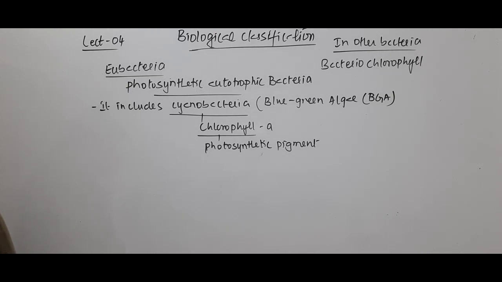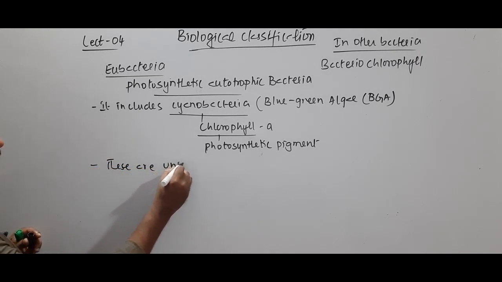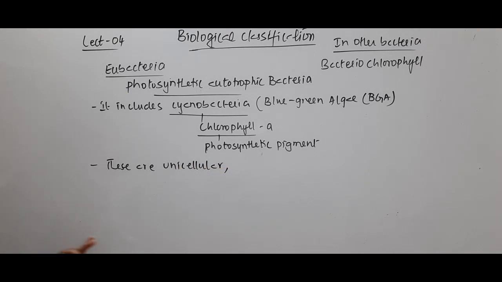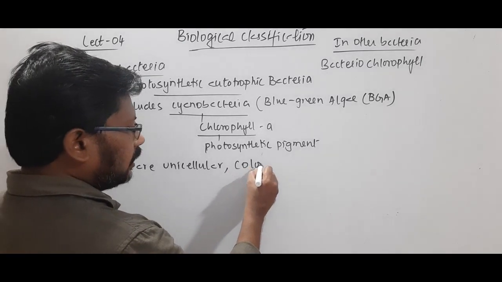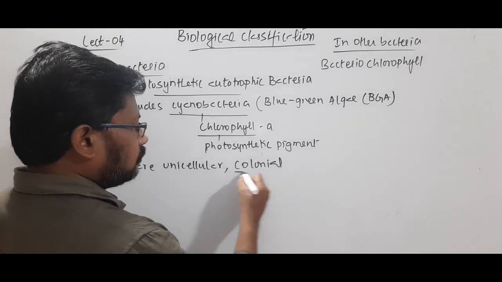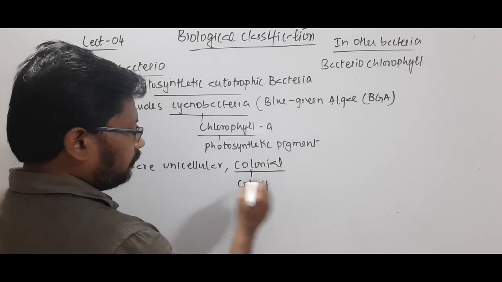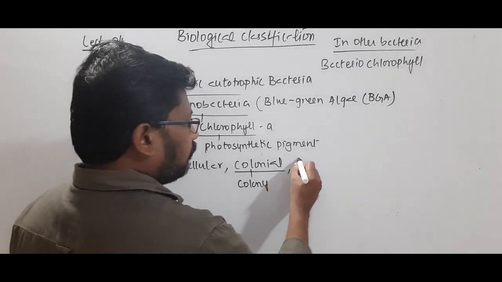The next one: these cyanobacteria may be unicellular, meaning their body is made up of only one cell, or they may be colonial, which means living in a colony, or they may be filamentous.